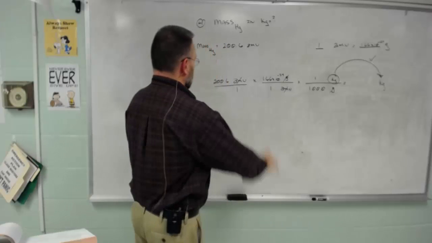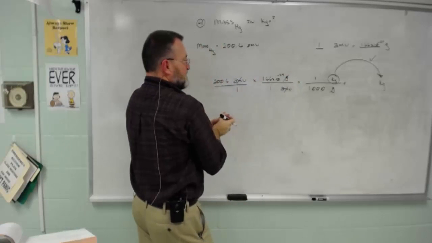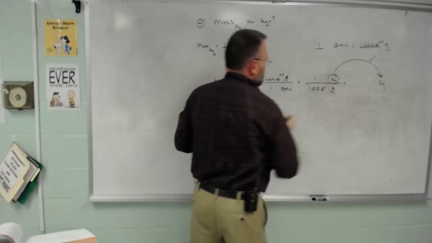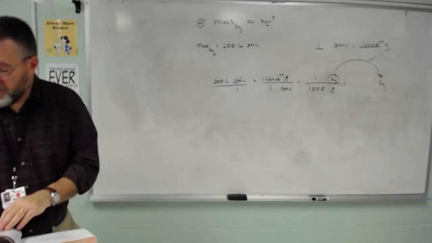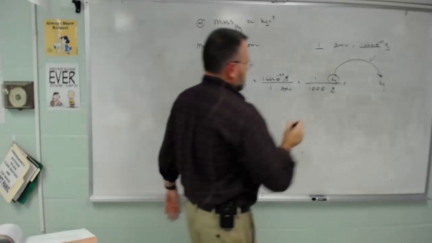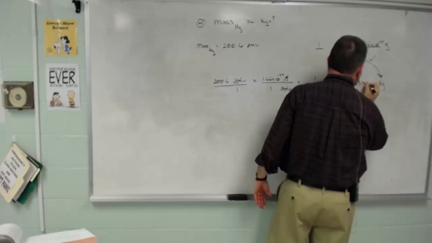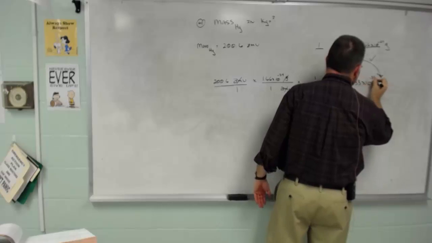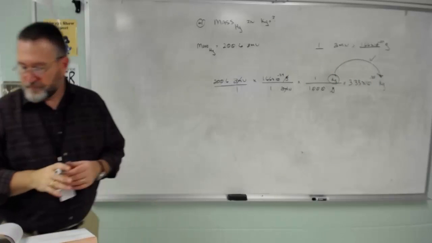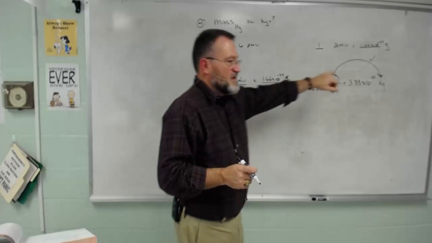And so 200.6 times 1.66 times 10 to the negative 24th, that whole thing divided by 1,000 is going to give me my answer in kilograms. And it's 3.33 times 10 to the negative 25th kilograms. That's what the key says. I haven't actually worked this out, but the key tells me that that's the answer.